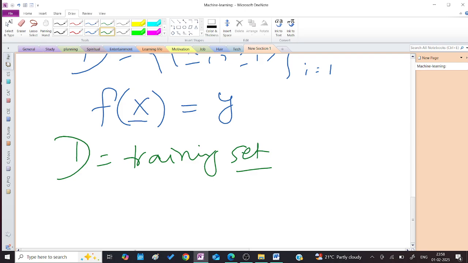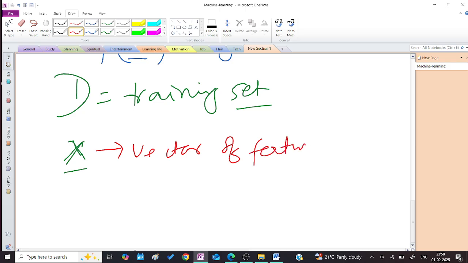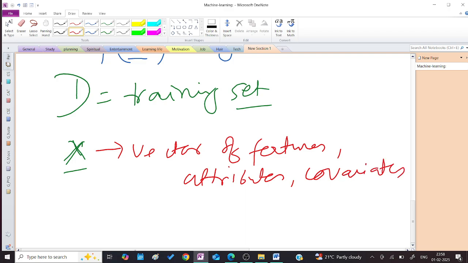What is there in x? x consists of a vector of features, or you can say attributes, or covariates.